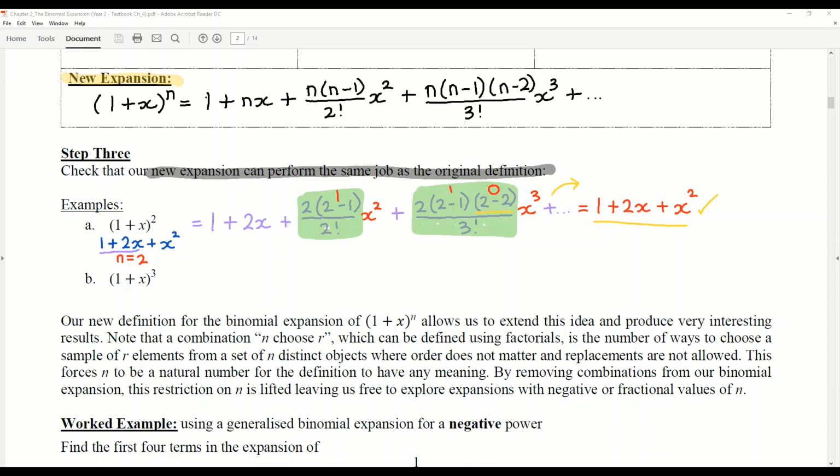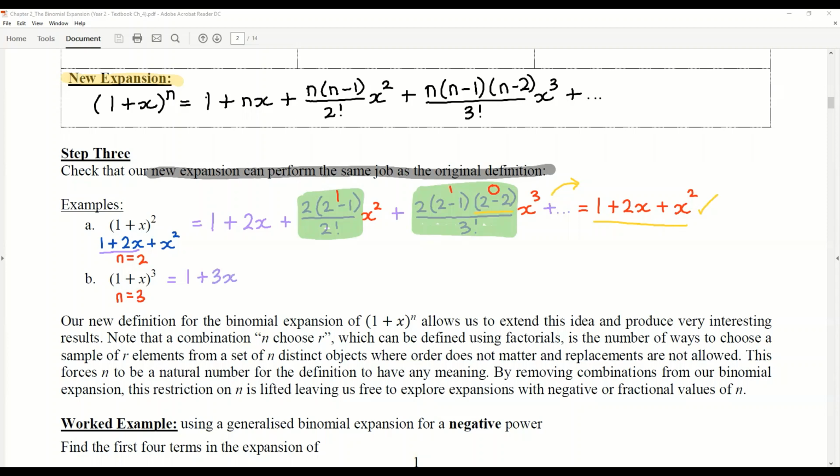All right, now if you haven't tried part B, please pause the video and try it now that you've seen an example. If you have, we'll go through it now. So in this situation, we have n equals 3. So let's test our expansion for n equals 3. Great. So straight away, we know that it's going to be 1 plus 3x.